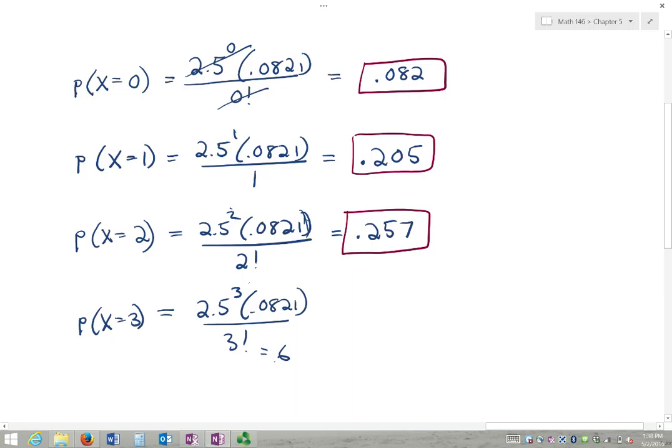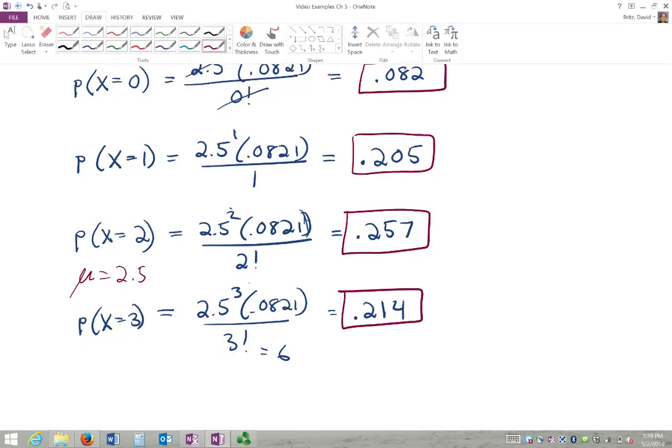So 2.5 raised to the third times 0.0821, whole thing divided by 6, and we'll get 0.214. So you see we've hit the mode here, 0.257. We're a little bit lower now because the mean is 2.5. So we kind of passed over that hump, and now we're going toward the right tail of the distribution.